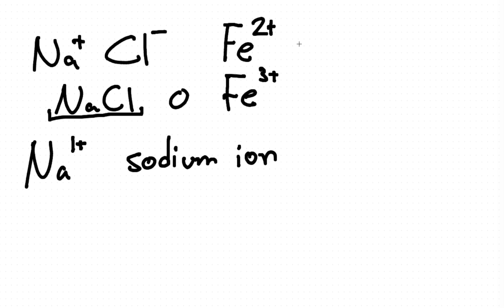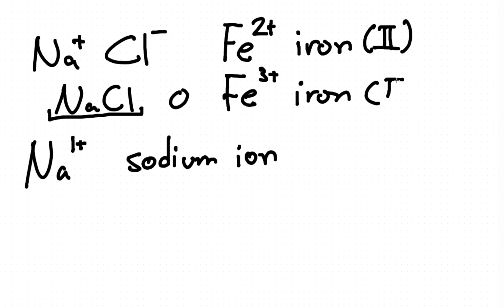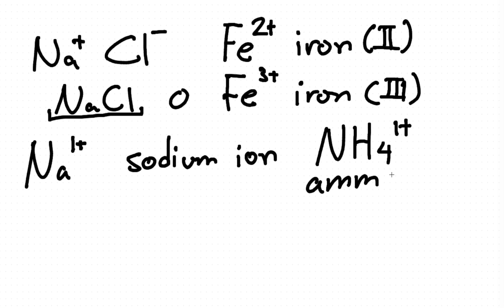In this case, we would write the names of these ions as iron(II) and iron(III). The most common polyatomic inorganic cation that you should know is the ammonium ion, which is NH4 1 plus, and this is called ammonium.